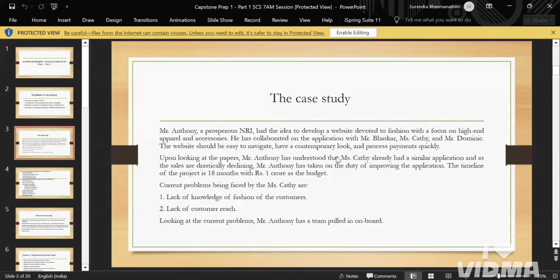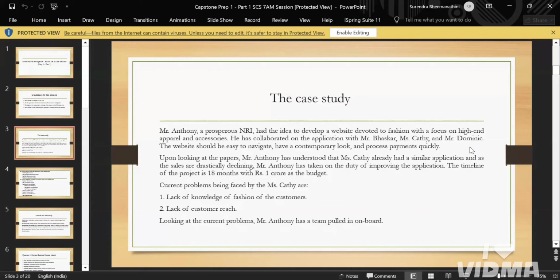So first of all, the case study is about Mr. Anthony, a very rich NRI. He had an idea to develop a website for fashion with a focus on high end, and he has collaborated on the application with Mr. Bhaskar, Miss Kathy, and Mr. Domain.